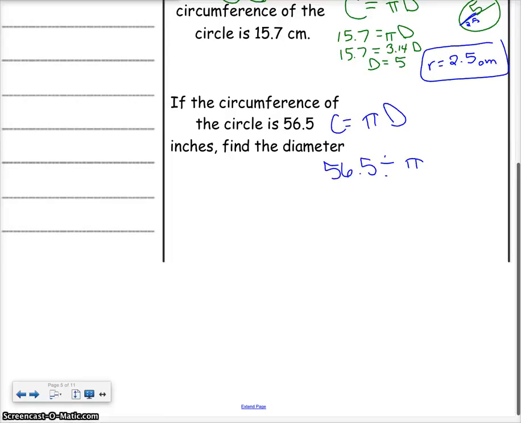I would never write that part. I would write 56.5 divided by 3.14. Again, you could use the algebra strategy in the first example. It would work just fine. So 56.5 divided by 3.14 is 17.99. So let me just round it to 18, approximately 18. And I am talking about inches.